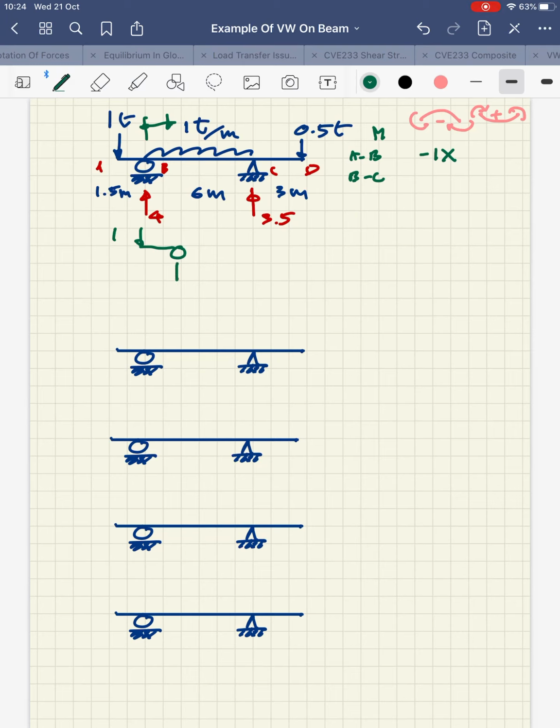So when I cut the free body diagram, right here, this is 1 ton, this is 4 tons. So slightly to the right of the support, I will know that I will have here 3 tons. And this is producing negative moment, so I have the moment equal to 1 multiplied by the moment arm, which is 1.5. So this is minus 1.5 ton meter.